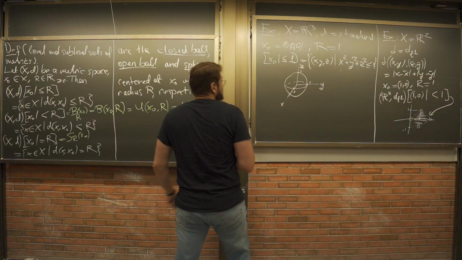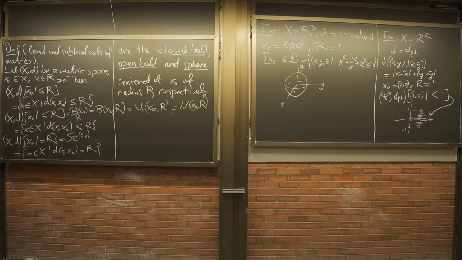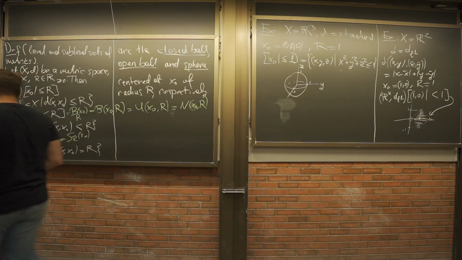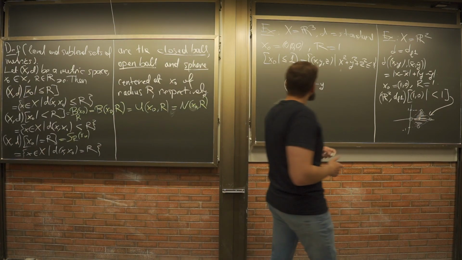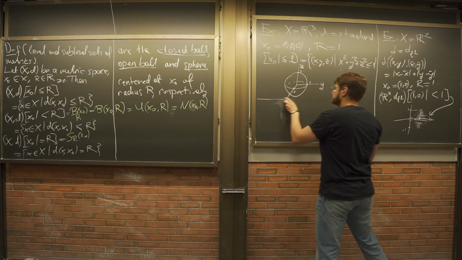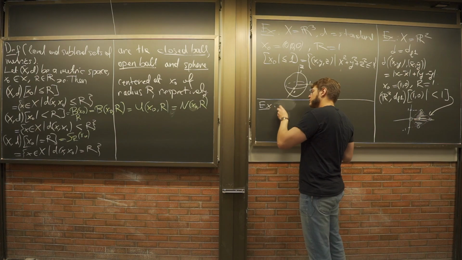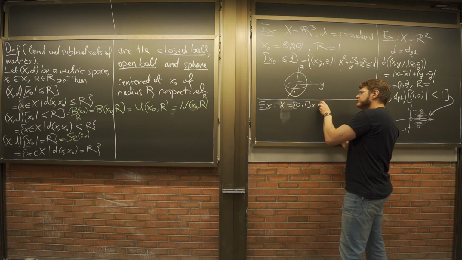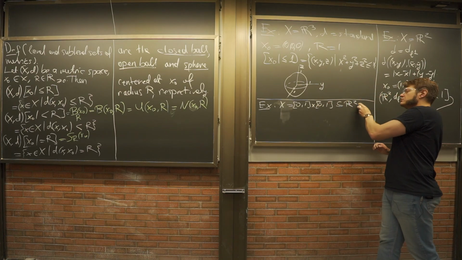Okay, here's another example. Let me get rid of this part. Let's say we're in the plane, but instead of looking at the whole plane, let's take the unit square, so to speak. X is 0, 1 times 0, 1 inside R2.